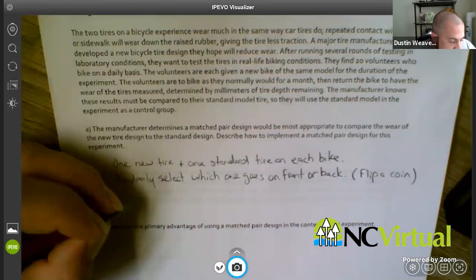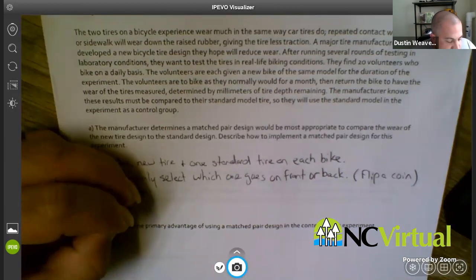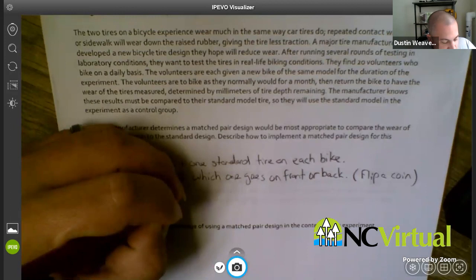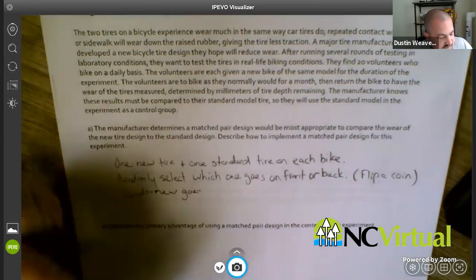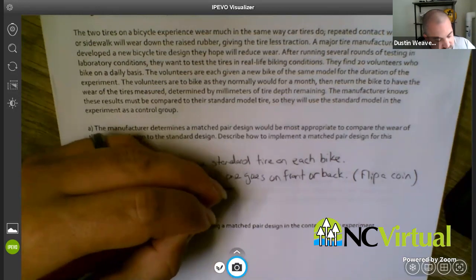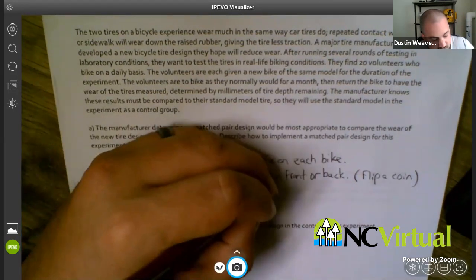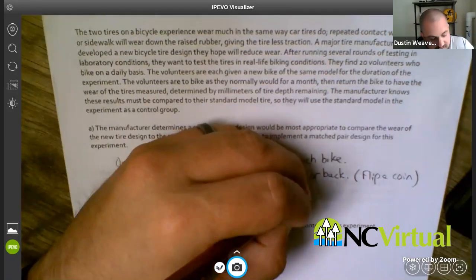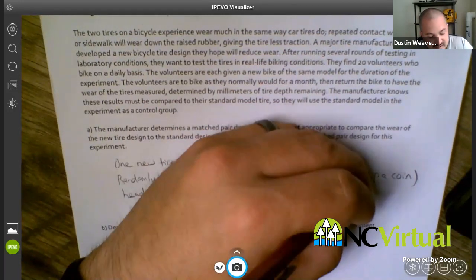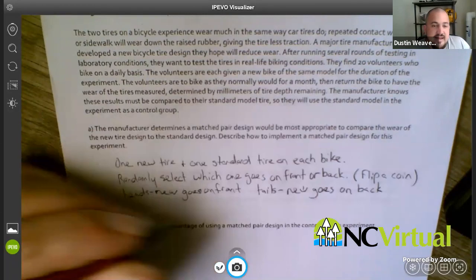Okay. If you flip a coin, if it's heads, we'll say the new goes on front. And tails means the new goes on the back. So you're just setting up how you would do a matched pairs experiment. Okay.